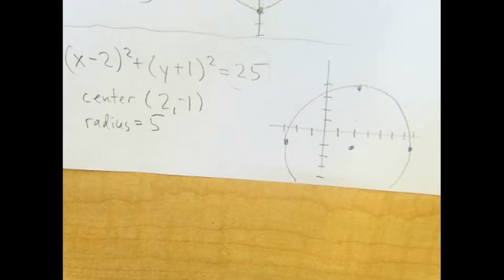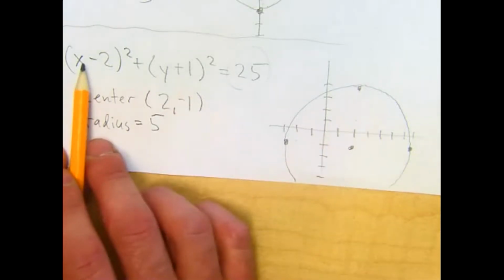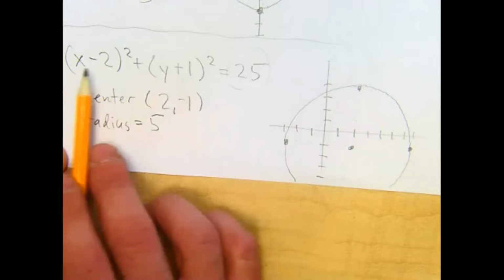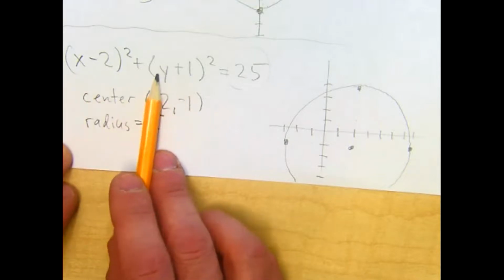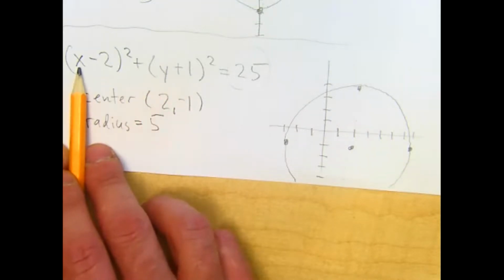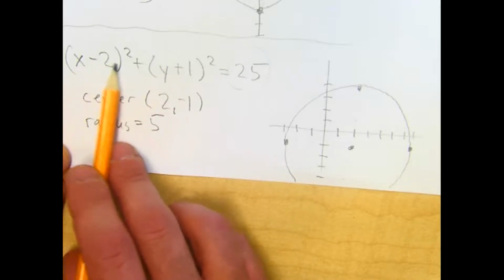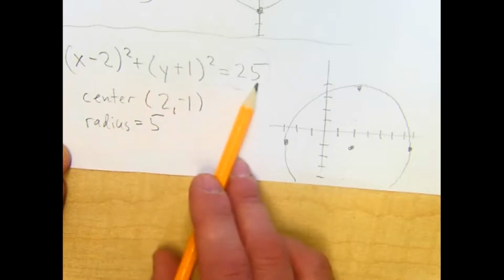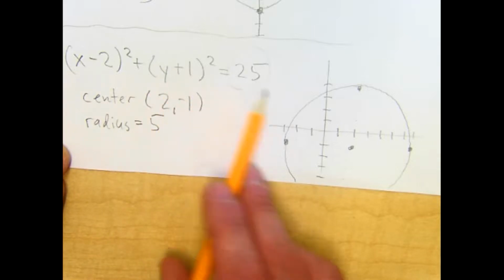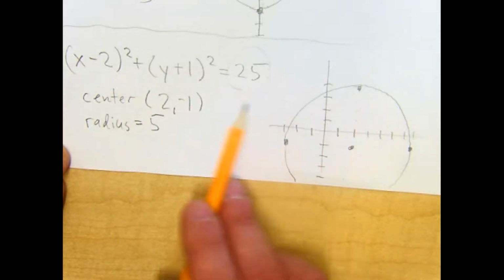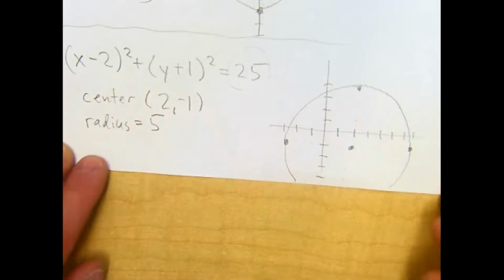Yeah, like 2, 4 is on the circle. And the interesting thing is if you plug that point in, say I plug in 2 for x, 4 for y, do you see what happens? This will be 0. This would be 5. I'd still get 25, right? So any point on here still works in that equation, is the interesting part.